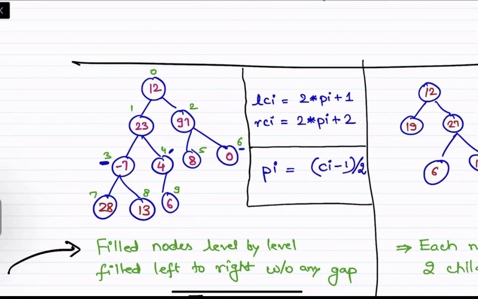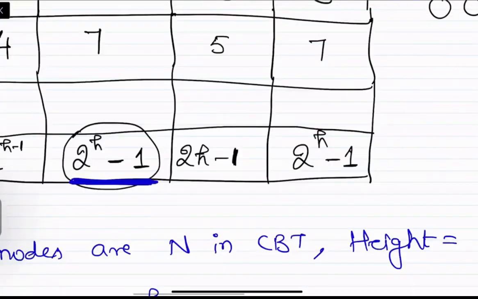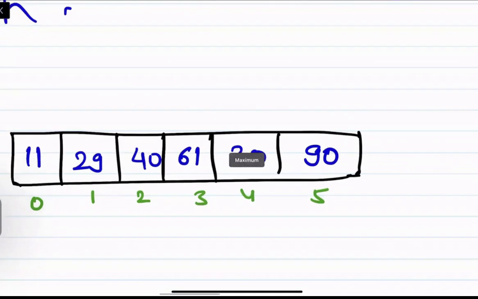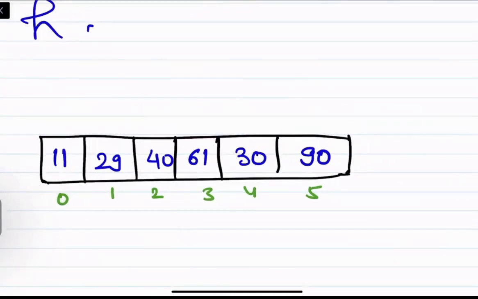Yes. That means if I just give you the array, you can traverse in either direction. You can move down to up and up to down, because you know how to jump from child index to parent index and from parent index to child index.